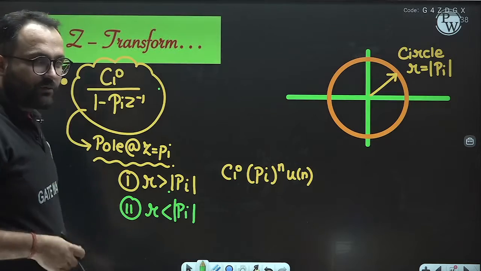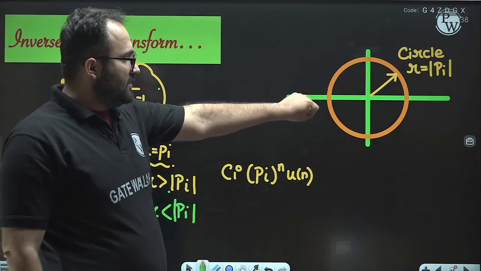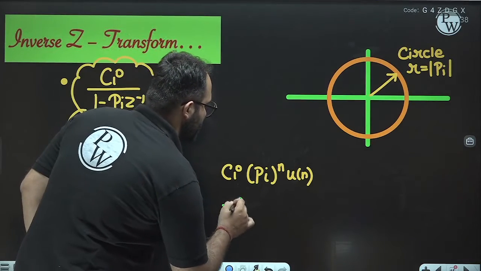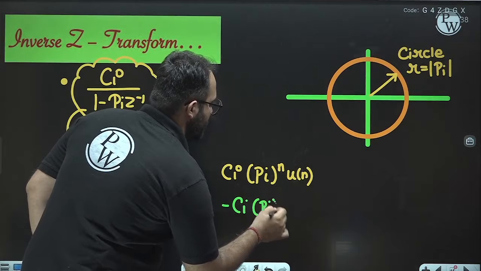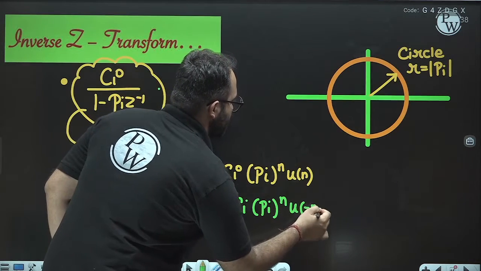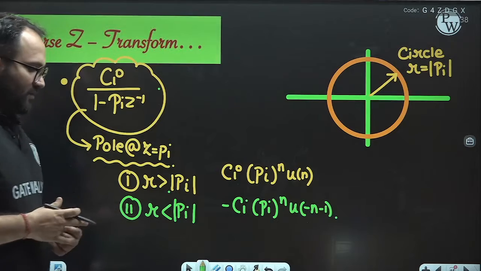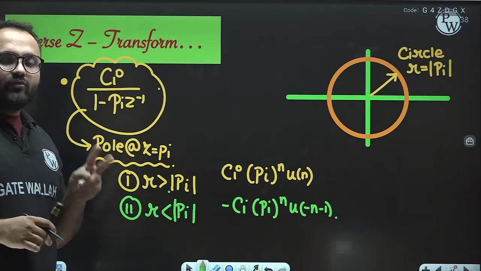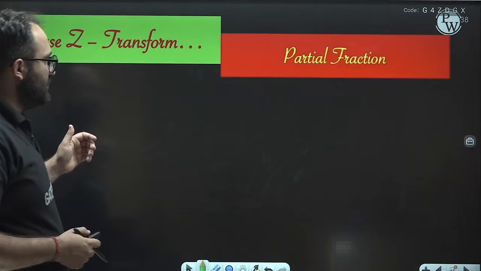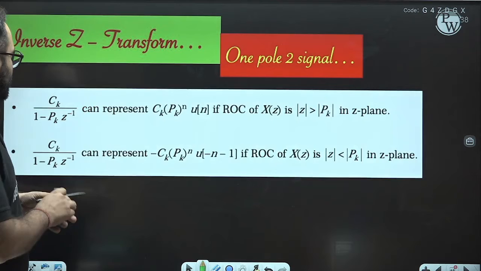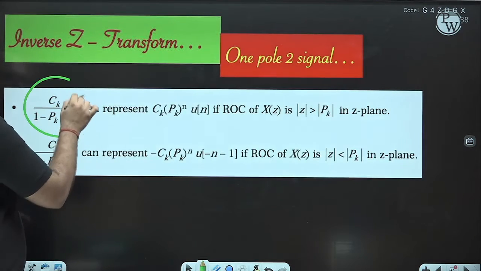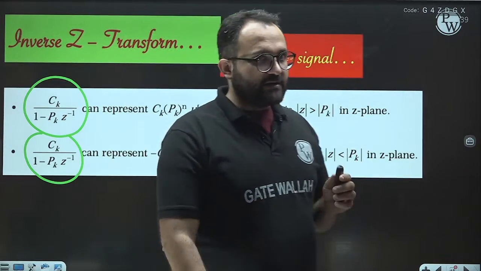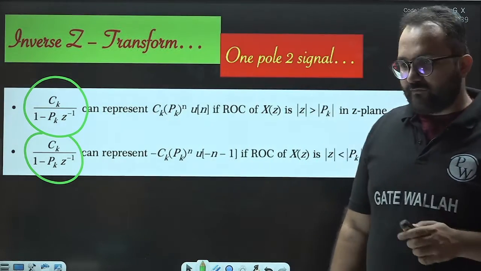If we take the ROC inside the circle, we get a left sided signal, which is minus Ci Pi to the power n u[minus n minus 1]. So each pole can give us two possible signals. The same thing is written here also. The signal depends on the ROC. We have studied exactly the same thing in the Laplace transform also.